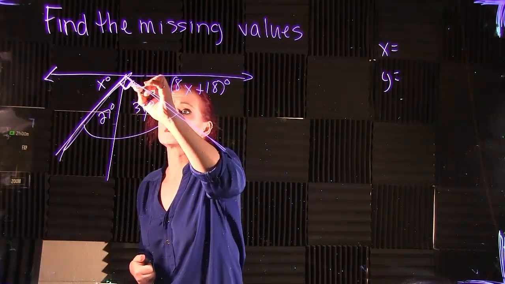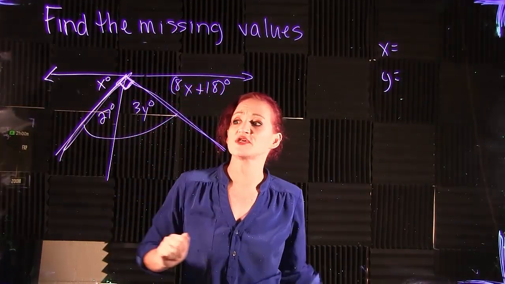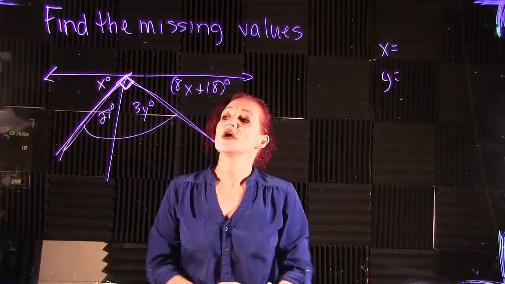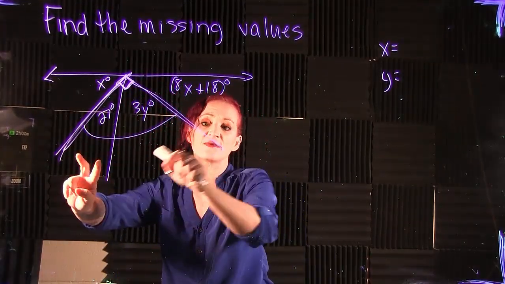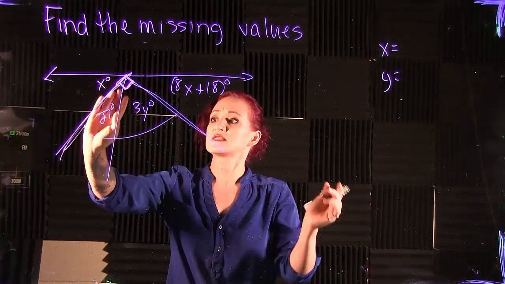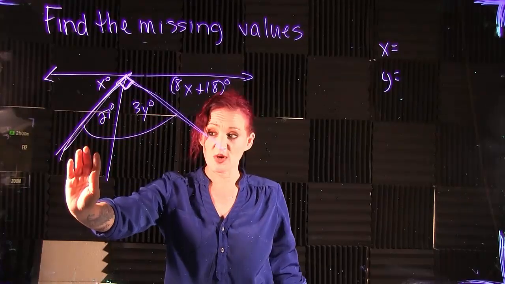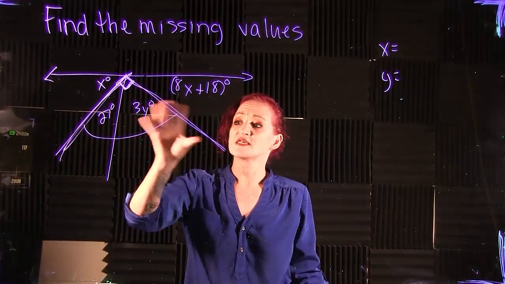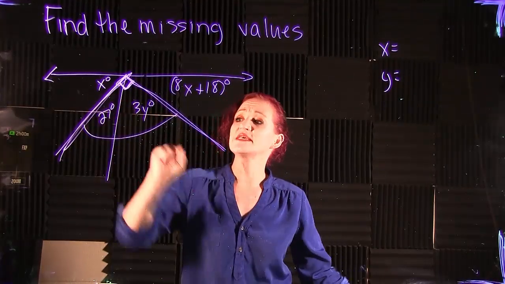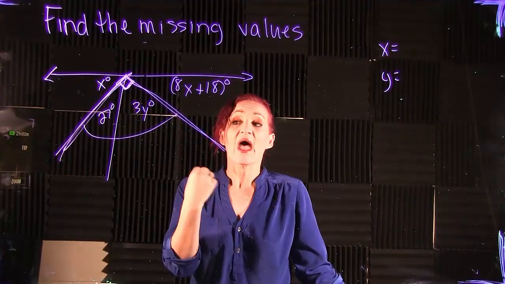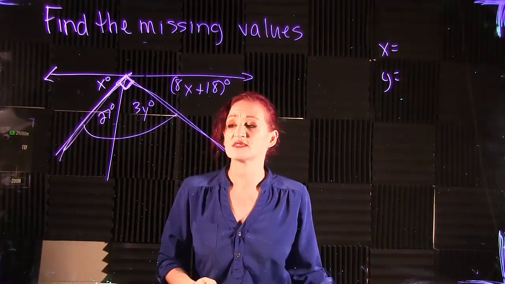We have these two angles that make up this little section. This angle over here, which we know is 27, plus this angle over here, which is stated as 3y, these two angles together have to add up to 90 degrees. So that's what I'm going to do first.